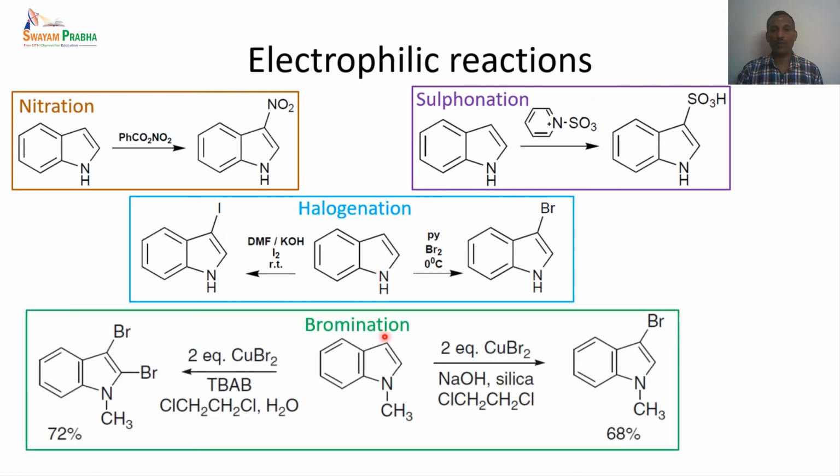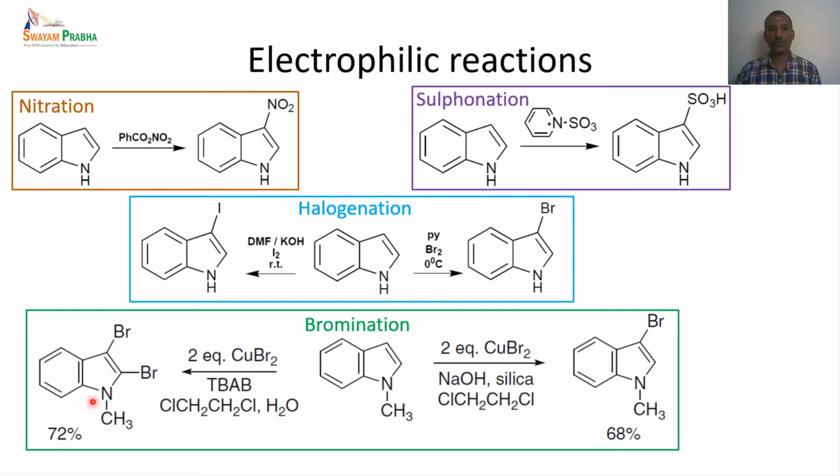But when we look at the bromination, if we are using 2 equivalents of copper bromide and sodium hydroxide and silica, this gives only the 3 substituted bromo derivative exclusively, at a very high yield, 68%. But if the same reaction is carried out in the absence of sodium hydroxide, we do get the dibromo derivative as the major product.